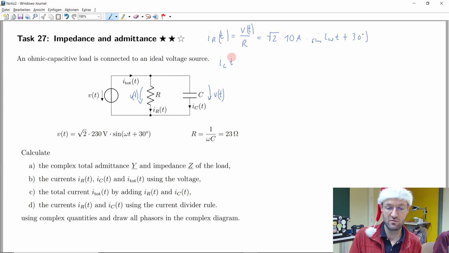How can we calculate the current through the capacitor? What is the relation between current and voltage at some capacitor? How is capacitance defined?